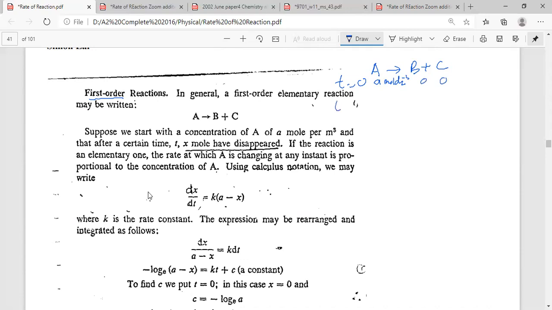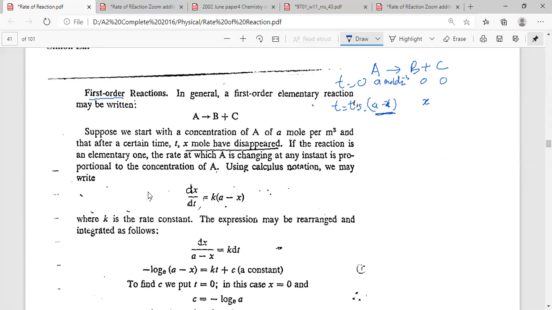At time t seconds, x has reacted. Remember this is an elementary step, which means one step, A goes to B and C. So here will be A minus x at time t.